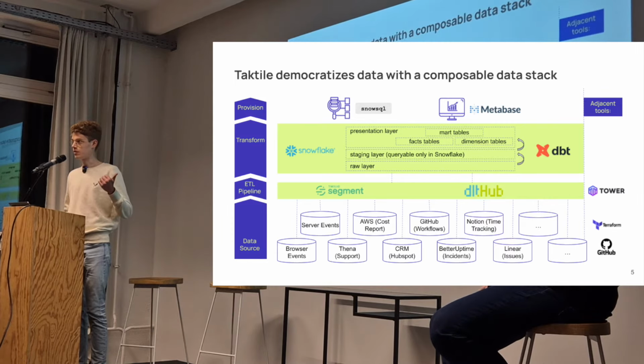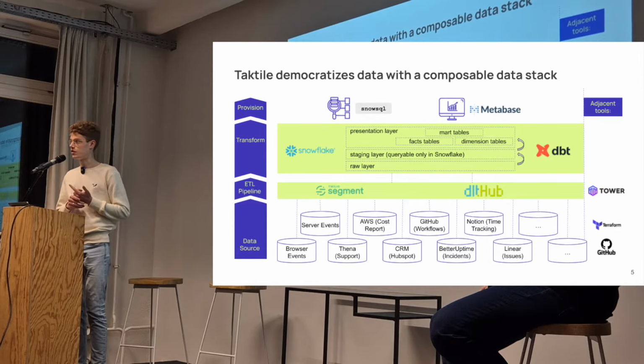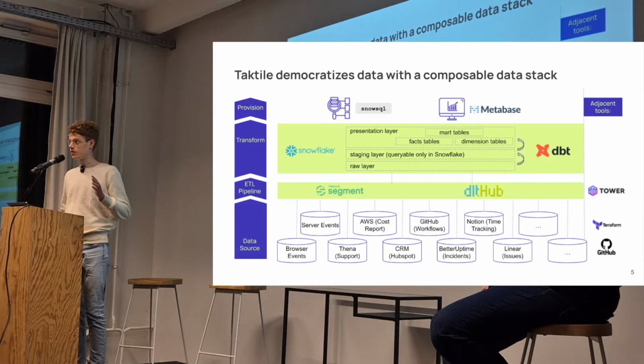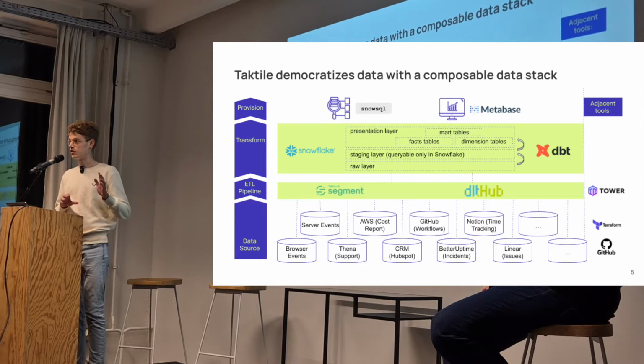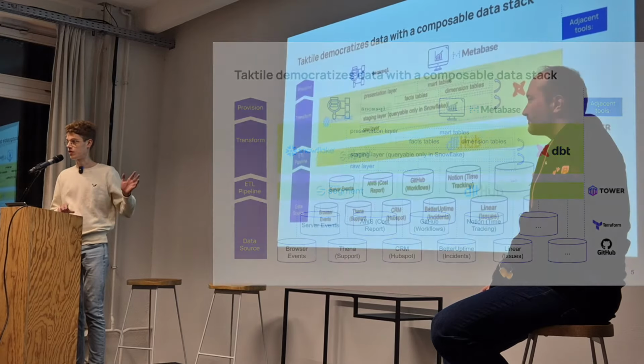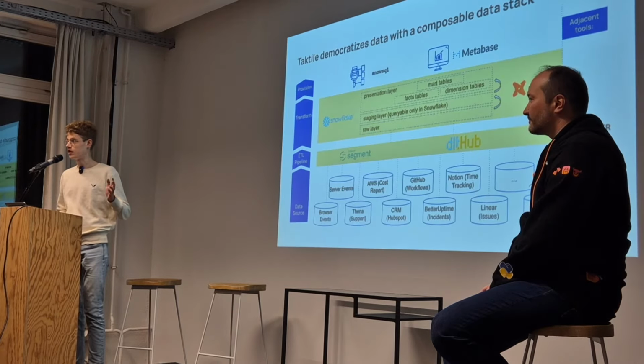So coding best practices is one, and of course also accessibility to data sources that would otherwise not be accessible by commercial offerings. That's where DLT was incredibly helpful. Today we're going to mostly be talking about how Tower came in to make it even easier for essentially everybody in the company to contribute to the source layer of our data platform.